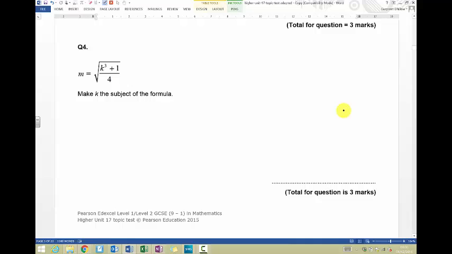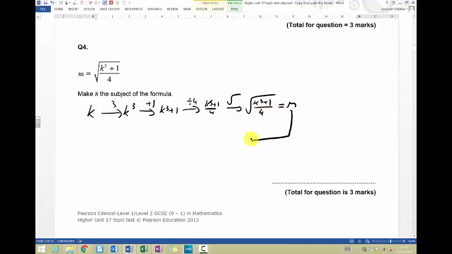Okay, I'm going to show you a way I like to do this one. So if you use BIDMAS, you're saying, let's start with k, let's cube it, let's add 1, and then divide by 4, then you've got k cubed plus 1 over 4, and then what you've done, you've square rooted it to get to what they've got. And they're saying that's equal to m. So let's start with m and undo every step.